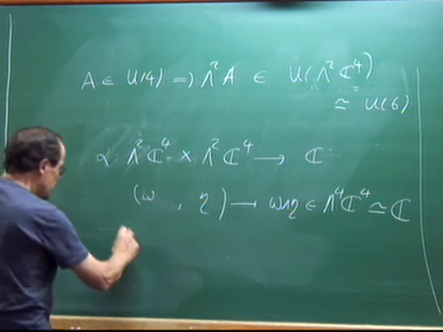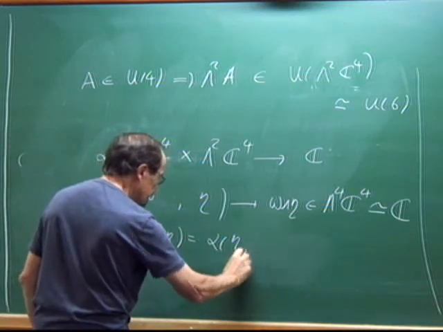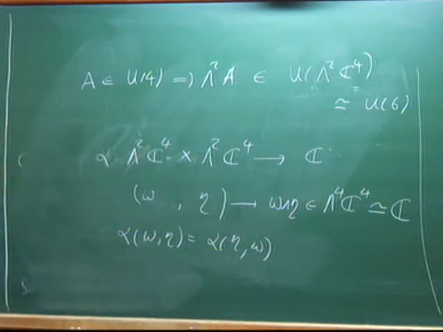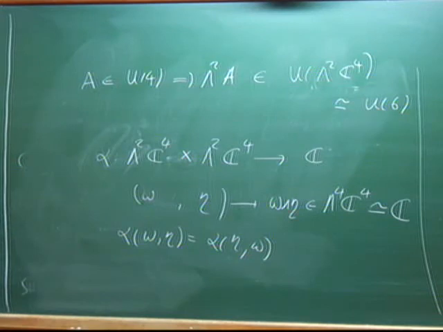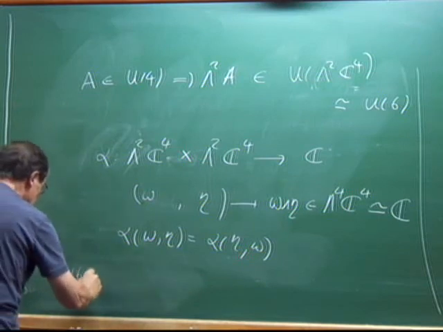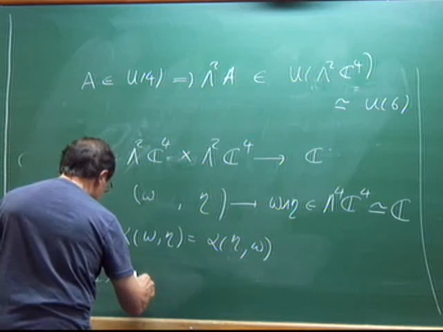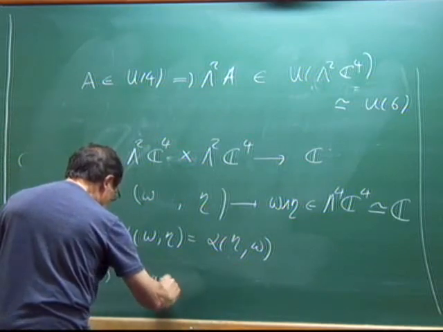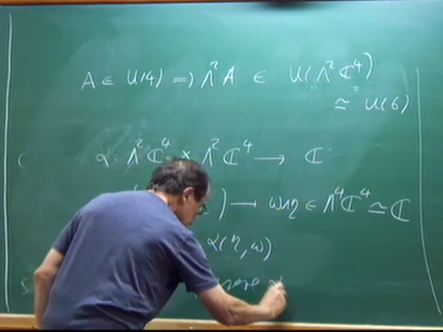I notice that it's also symmetric, because these are 2 forms. If I switch forms of even degree, I don't have to pay with a sign. So it becomes a symmetric bilinear form. And that means I can regard SO6C as maps that preserve alpha. Okay.